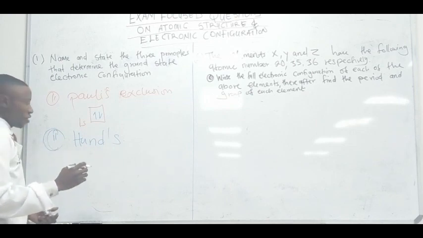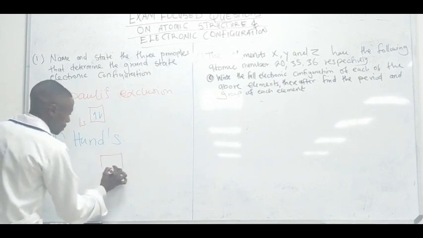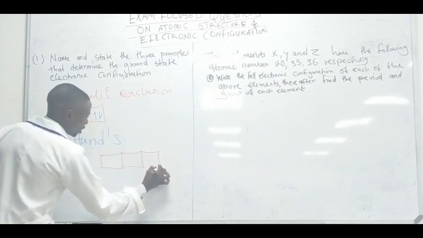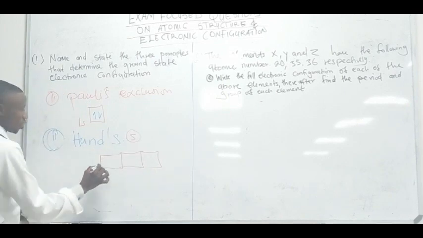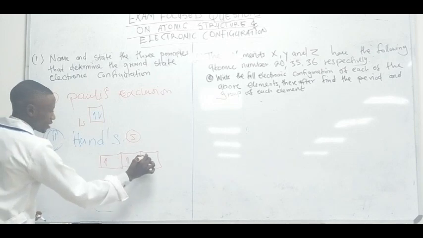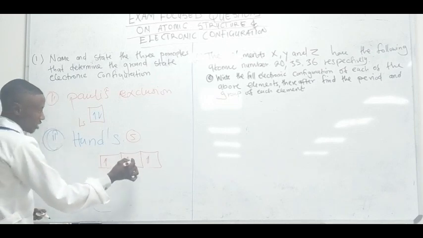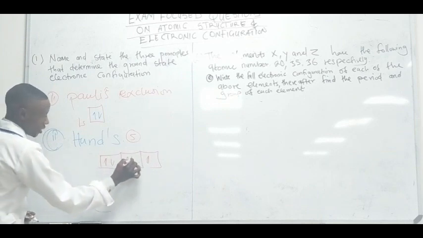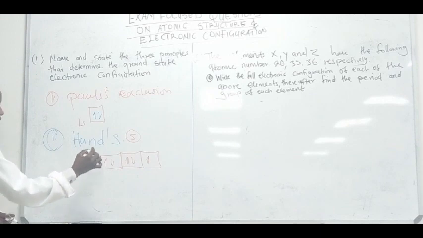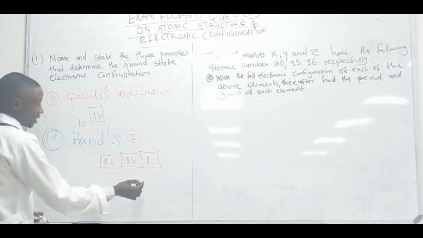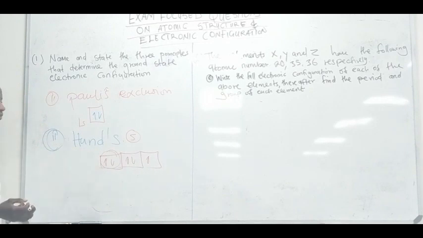For example, if you have the p subshell, which has 3 orbitals, and you have 5 electrons, these electrons will start filling in one by one before being paired. The other 2 will come to pair up like that. So electrons tend to move into other orbitals rather than being paired up in a single orbital.